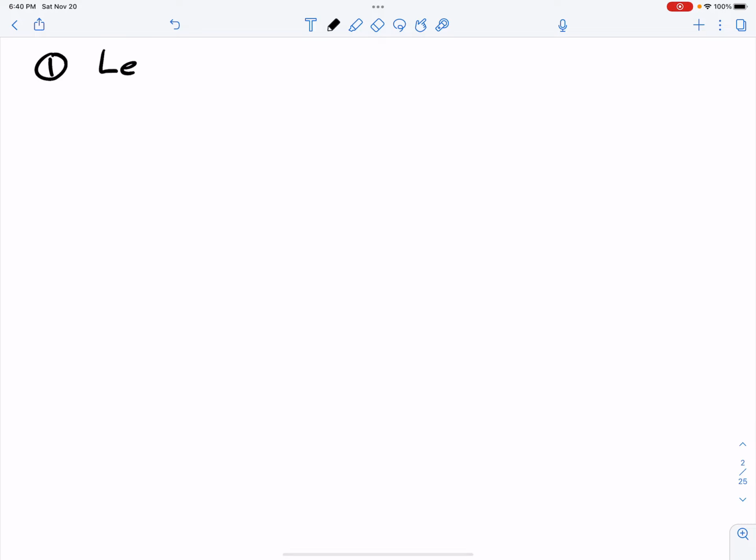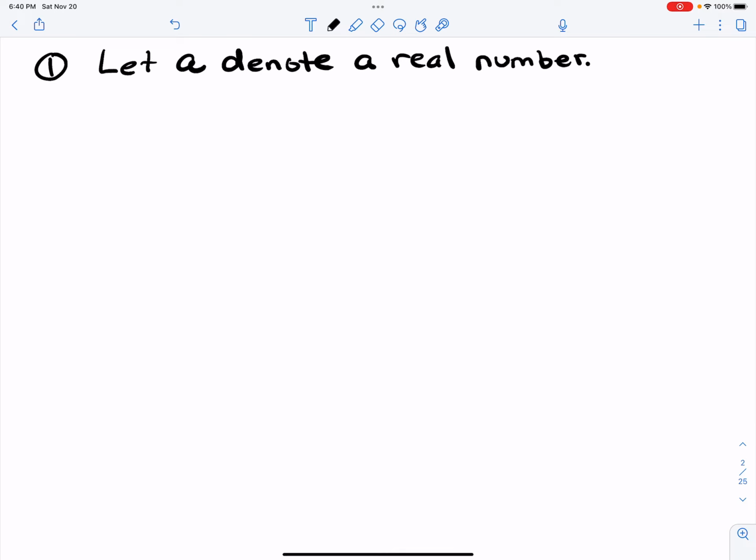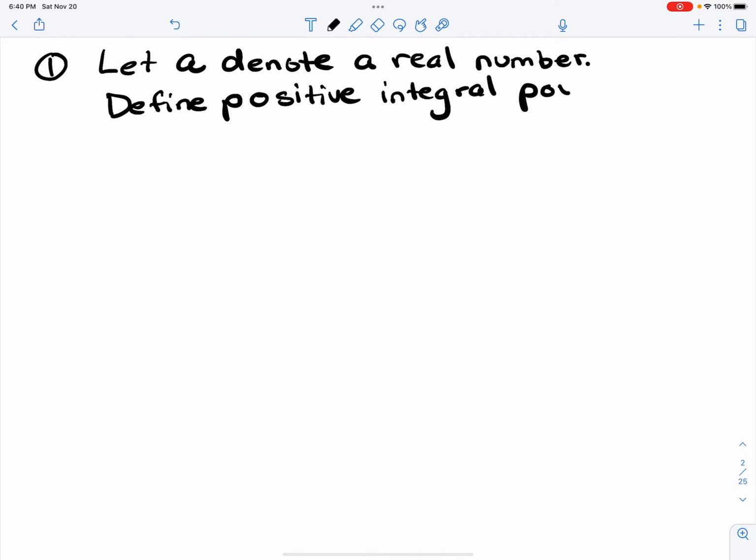All right, let A denote a real number. And we're going to define positive integral powers of A as follows.